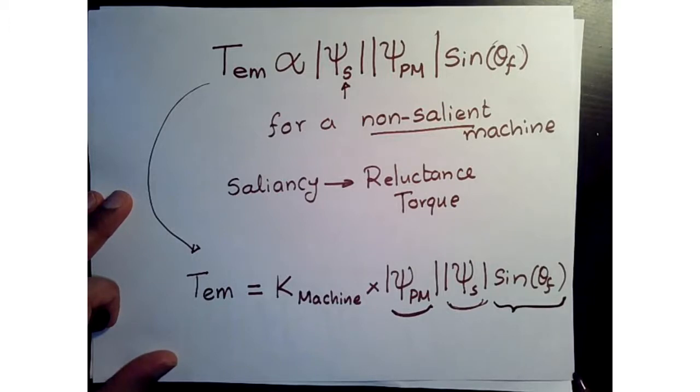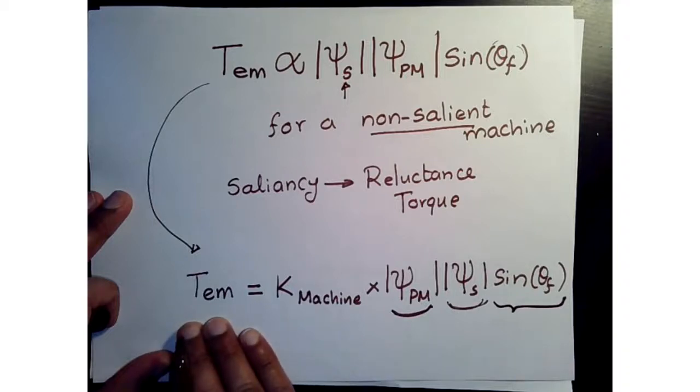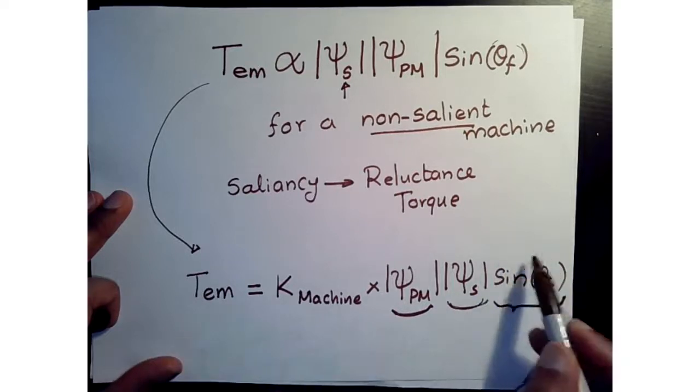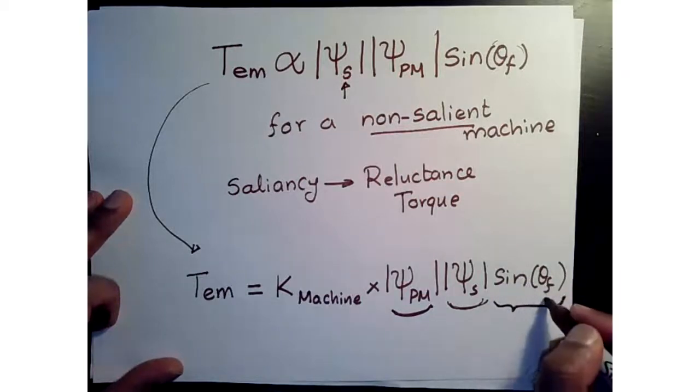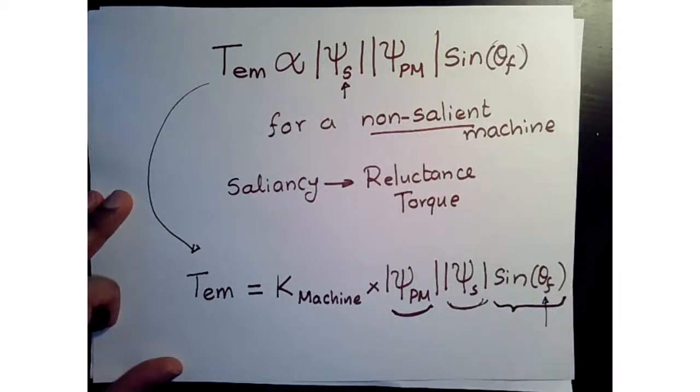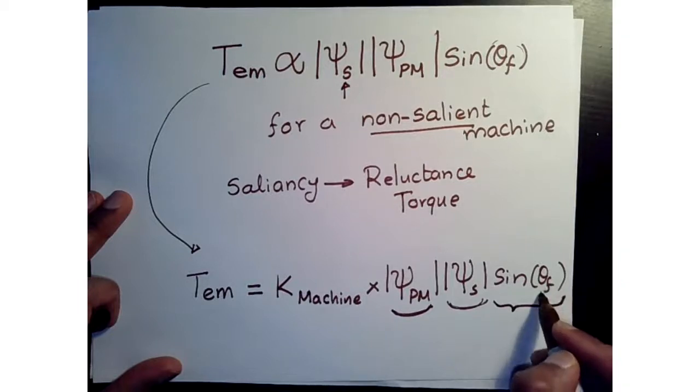For us to have maximum torque, it has to be 1. So if that is 1, what should theta F be? Exactly, 90 degrees.